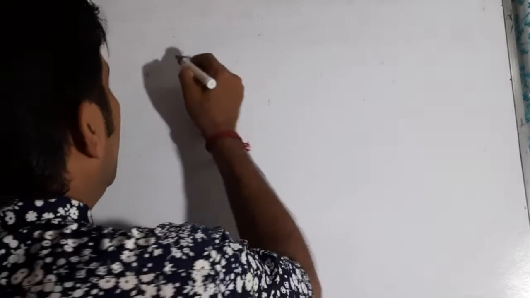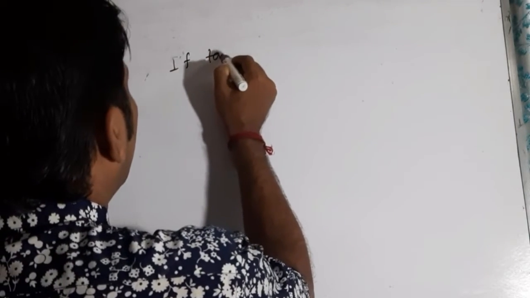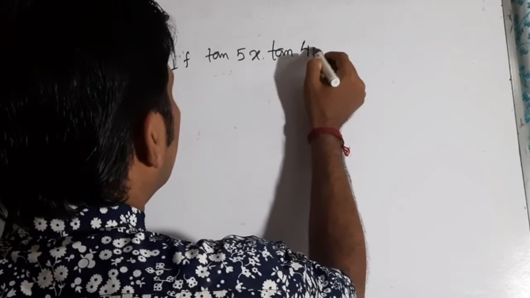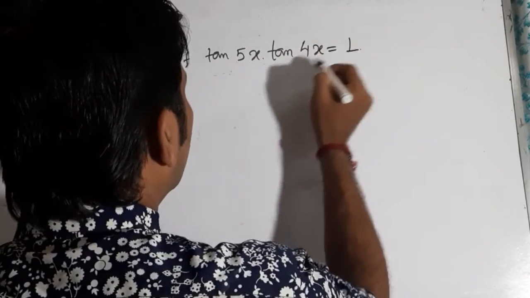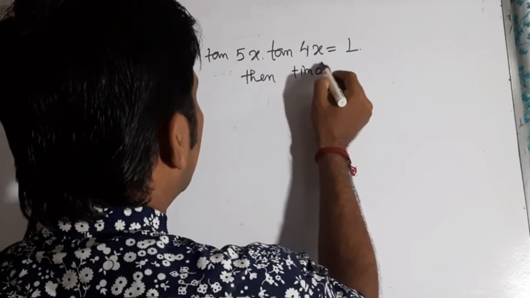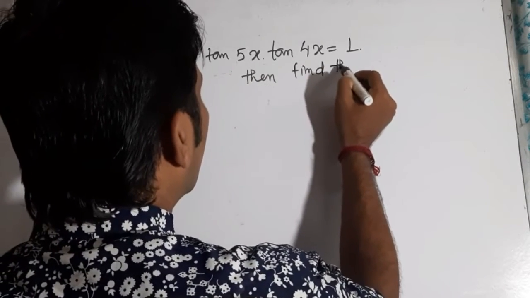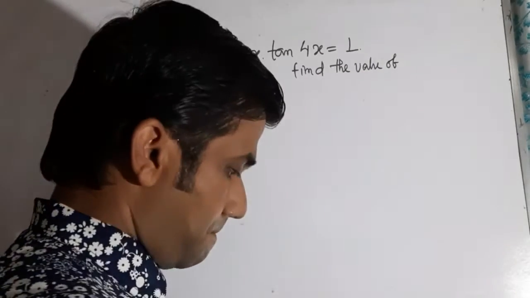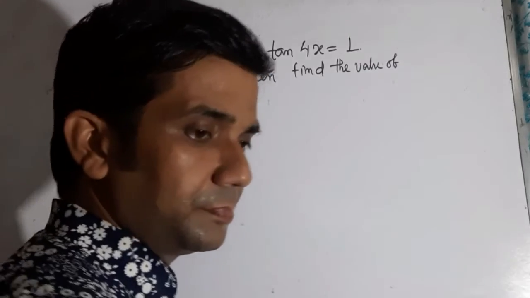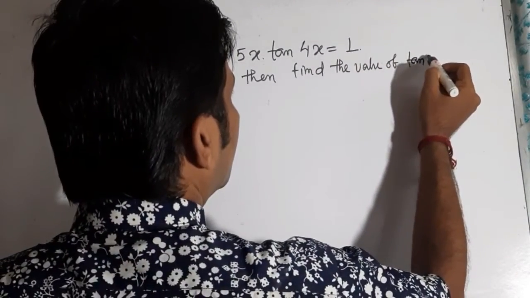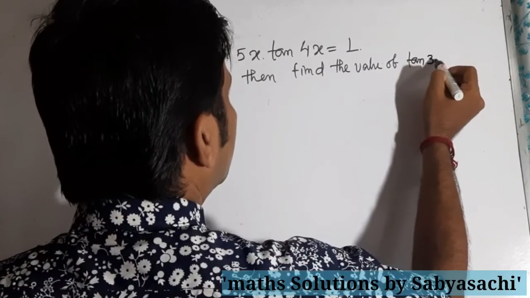Now a beautiful problem: if tan 5x into tan 4x is equal to 1, then find the value of tan 3x.